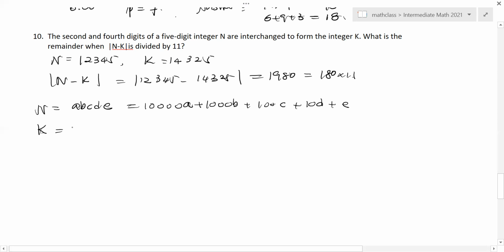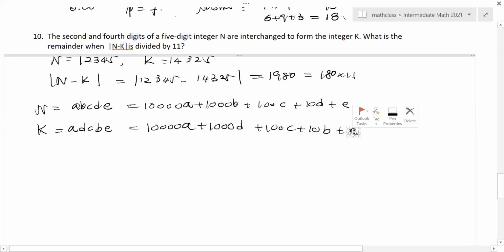I interchange the digits A and D, and D and B. So this part is the same, and that's a D, 100C, and the 10 and the B, plus C.